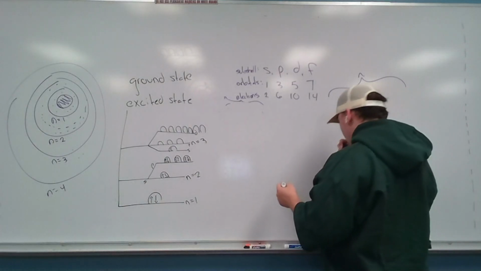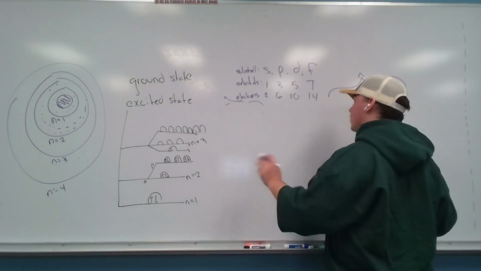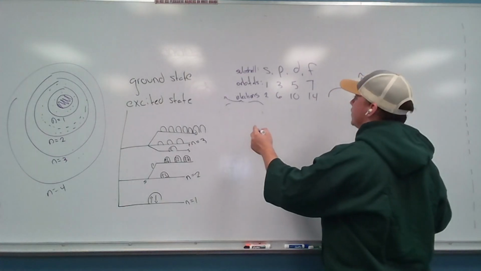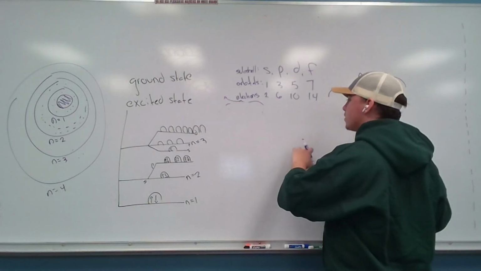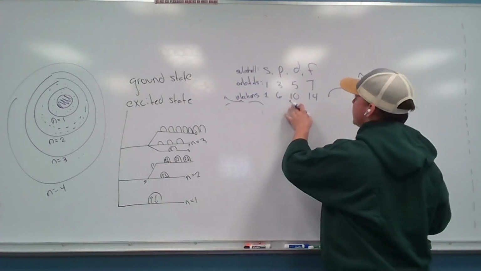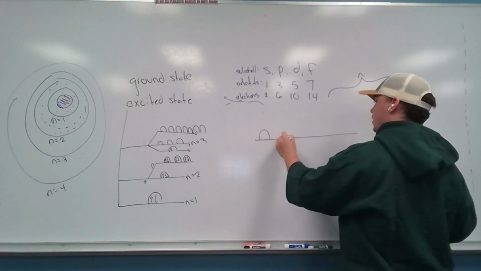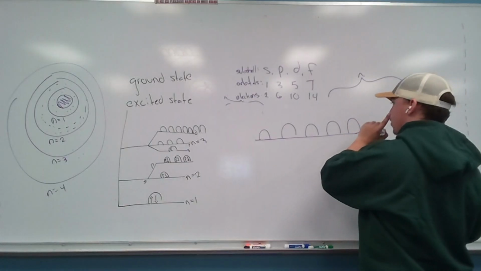There are 2 stable orbitals, a half full orbital and a completely full orbital. So let's say subshell. Those are the stable things: a completely full subshell or a half full subshell. Let's choose D. D has 1, 2, 3, 4, 5 orbitals.